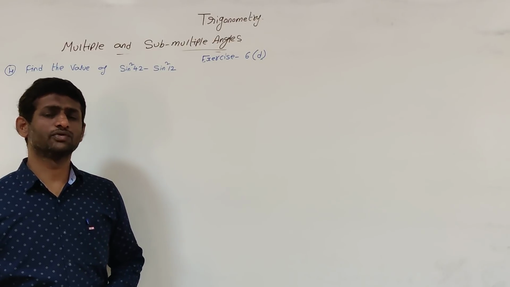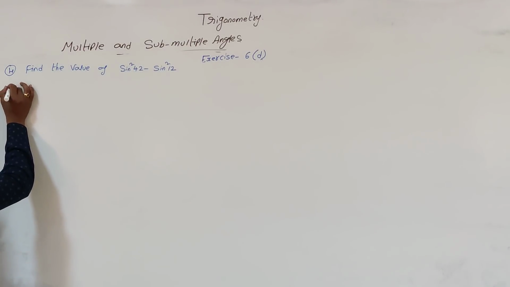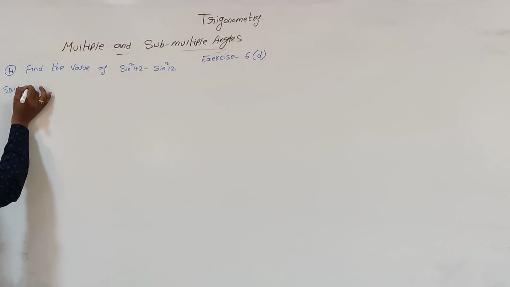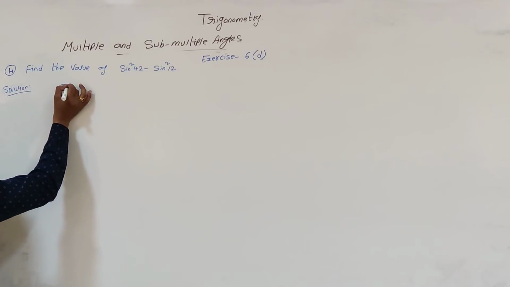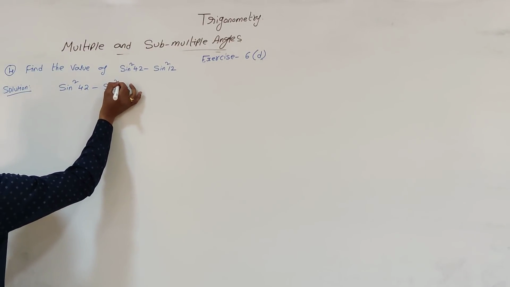Next problem is, find the value of sin square 42 minus sin square 12. We have to simplify and find out what the value is. So, solution. Sin square 42 minus sin square 12.